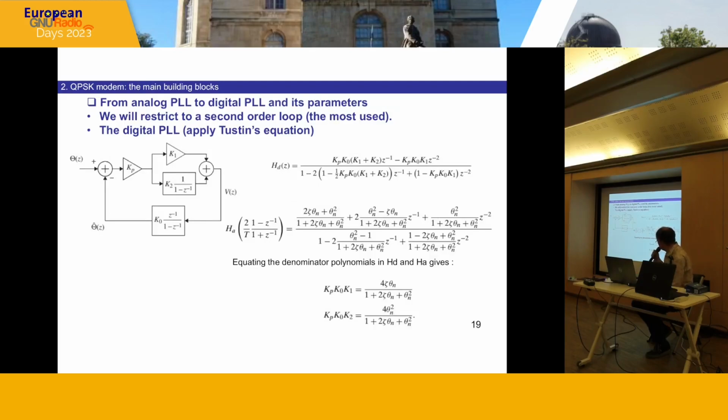What we do afterwards is simply apply Tustin's equation to HA, which was here, and we equate the denominator polynomials, and it gives you the relation between theta n, zeta, and the important constants of the loop, which are Kp, K0, K1, and K2. Kp is the gain of the phase comparator, K0 is the VCO gain, and K1 and K2 are for the filter.